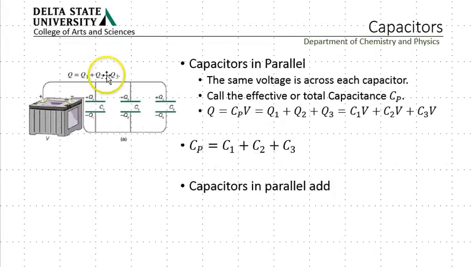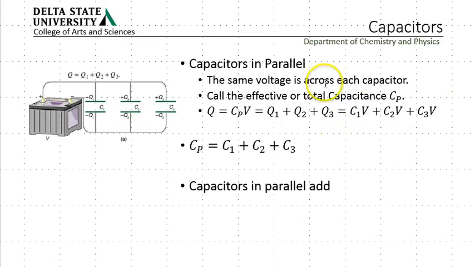When we do them in parallel, it's not the charge that's the same on every one, it's the voltage that's the same on every one, right? So Q equals whatever the capacitance of the parallel capacitor is, times the voltage. And that gives us Q1 plus Q2 plus Q3, which is the total charge, right? Which is C1V plus C2V plus C3V.